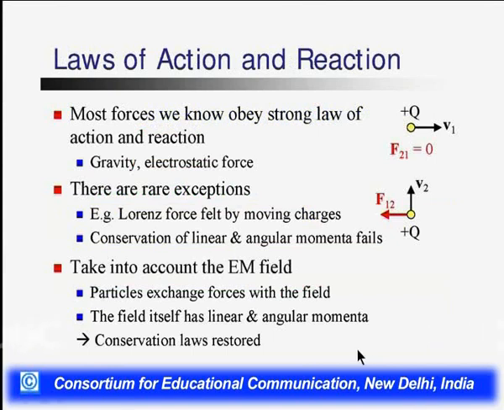What are the laws of action and reaction? Here we see that F12 is equal to minus F21. Most of the forces we know obey the strong law of action and reaction. What are the examples? Gravity and the electrostatic force obey the strong law of action and reaction.